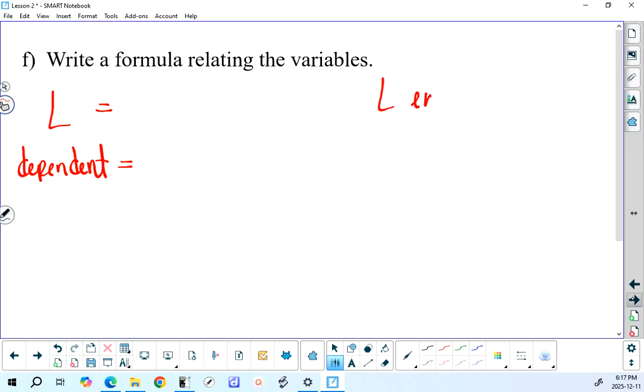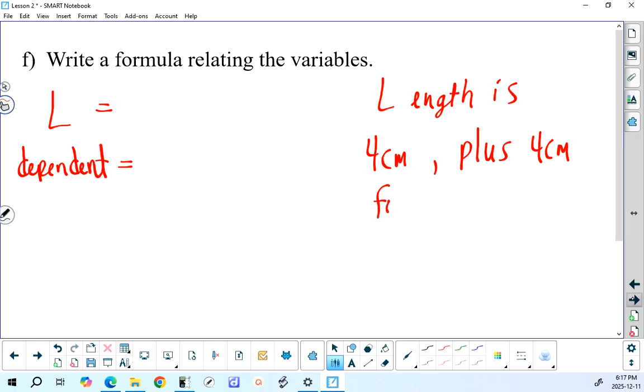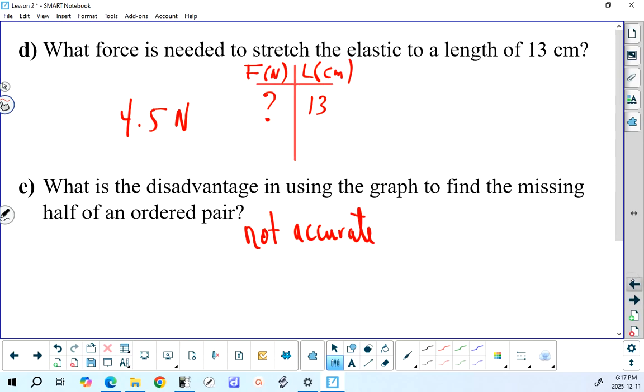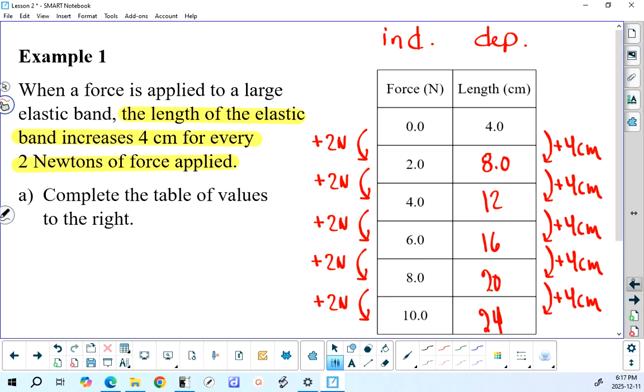The length is 4 centimeters plus 4 centimeters for every 2 newtons of force. And we can go back to the table and I can explain what I'm pulling off here. The length is 4 centimeters plus 4 centimeters for every 2 newtons of force.